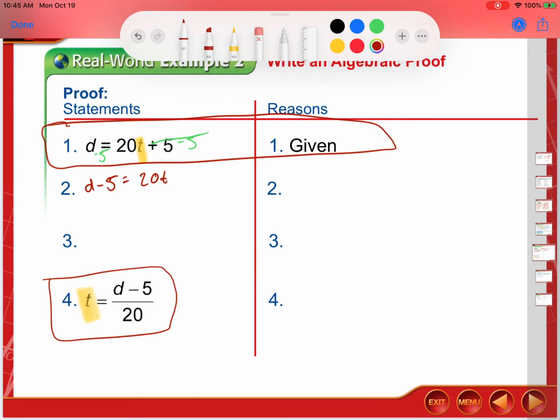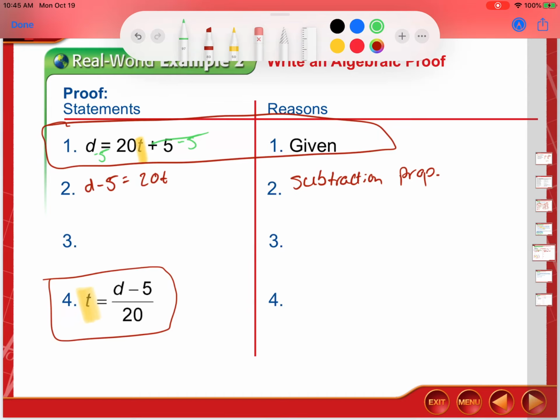So, in order for me to subtract from both sides, I need to use the subtraction property of equality. So I'm subtracting. So I'm just going to say subtraction property.